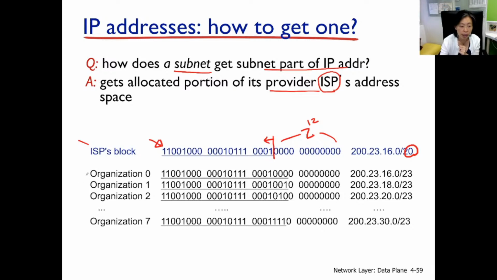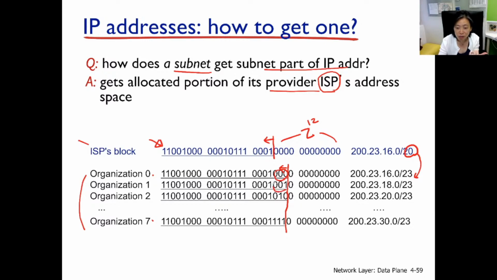Now, if there are 8 customers subscribing from the ISP, organization 0 all the way to 7, the ISP can further divide the bigger address space this way, extending the prefix by 3 bits. So 3 more bits are being included into the subnet ID.